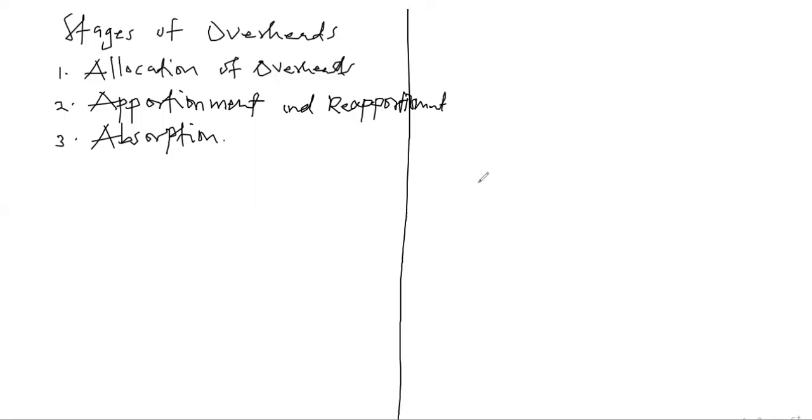Since the supervisor is supervising only that department, we can trace the salary of the supervisor to that particular department. So we can charge the cost of the supervisor to that particular department only, then we say it is what?